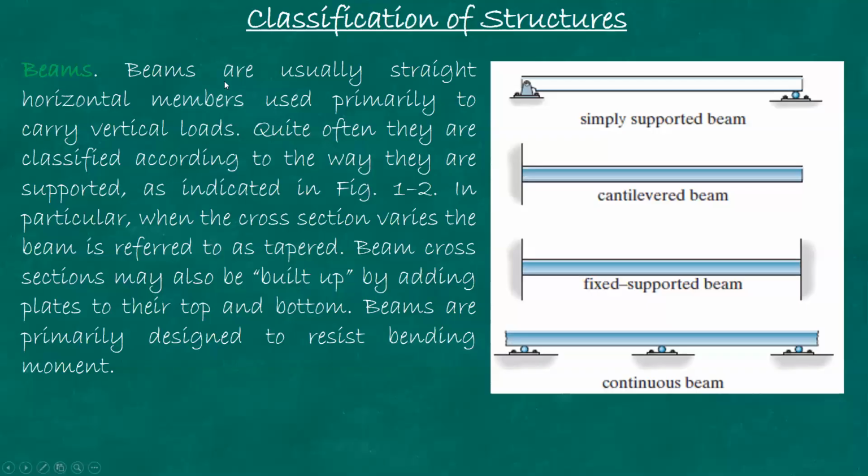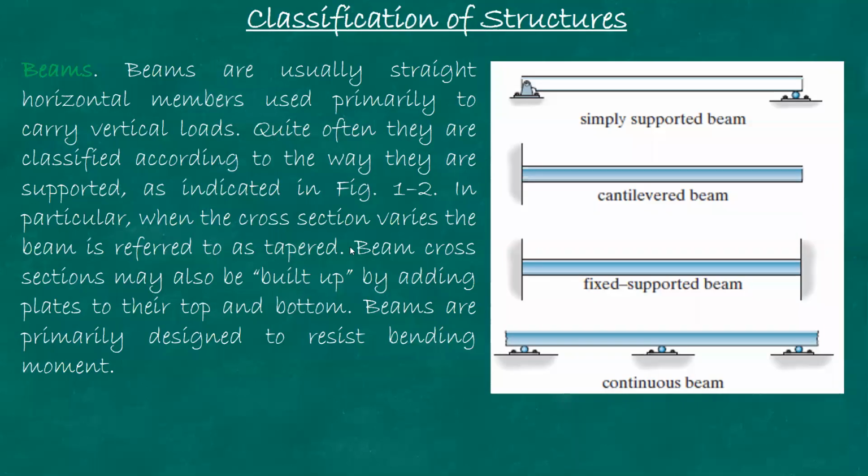Next is beams. Beams are usually straight horizontal members used primarily to carry vertical loads. Quite often, they are classified according to the way they are supported: simply supported, cantilevered, fixed supported or restrained beam, and continuous beam, which has more than one span.